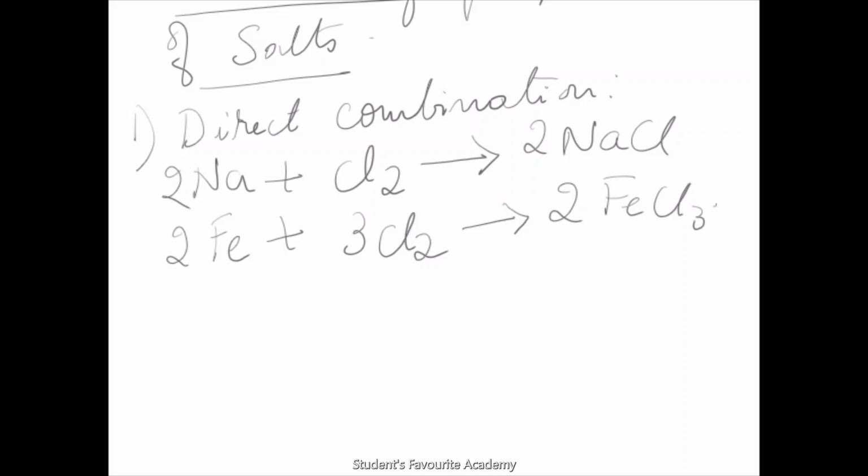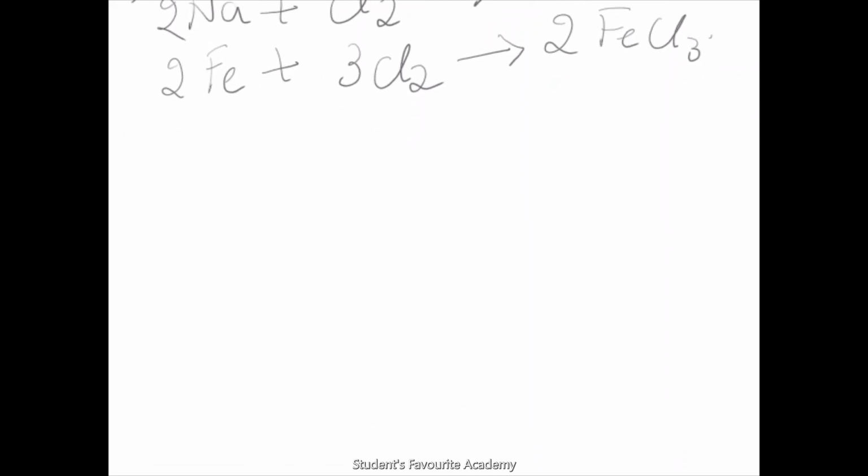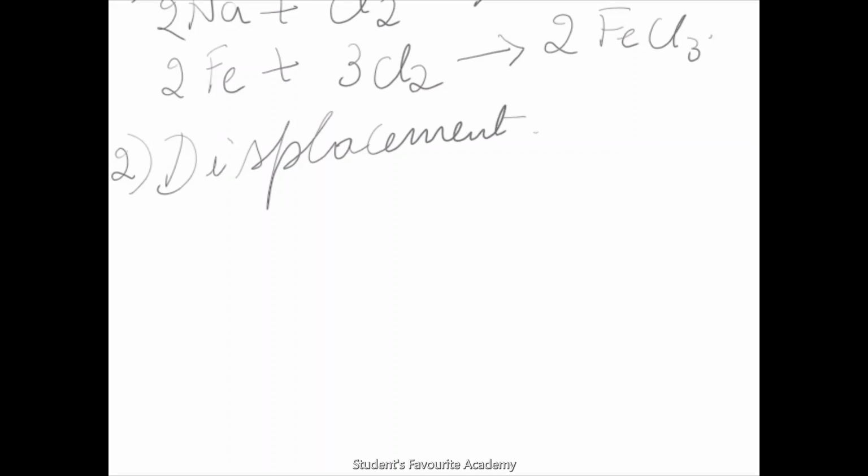Then the second method is displacement. Now when a metal reacts with acid, a salt is formed and hydrogen gas is released. You have learnt this in 9th standard, types of chemical reaction.